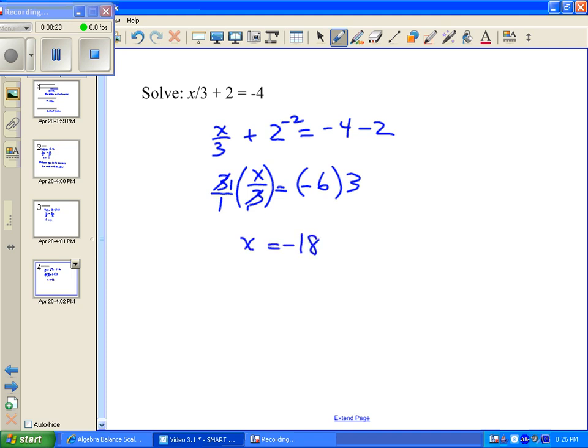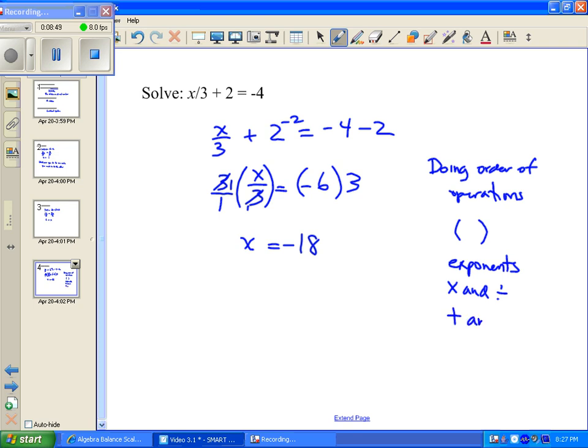Now, how am I going to remember what to undo first? Well, remember our order of operations. When you were doing order of operations, we started off and we did brackets, and we did our exponents, and then we did multiplication and division in the order they appeared from left to right, and then addition and subtraction, again in the order they appeared from left to right.